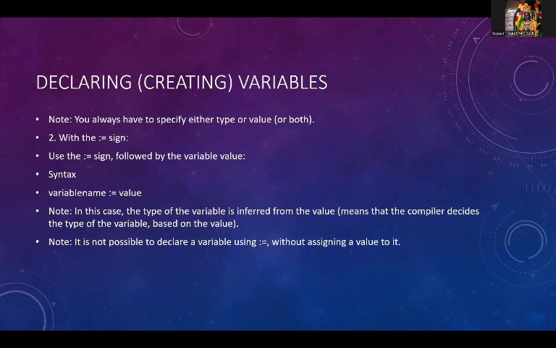Now the other one is the equals sign. Exactly, it is not equals to, it is the colon equals sign that we use. We use the colon equals sign followed by the variable name. The second type of variable declaration is most commonly used in Golang because it is quite easier.